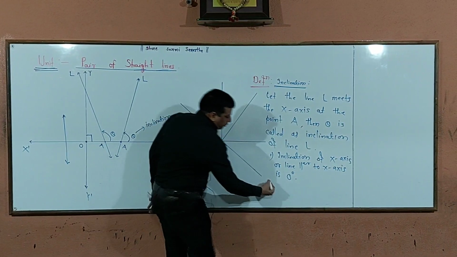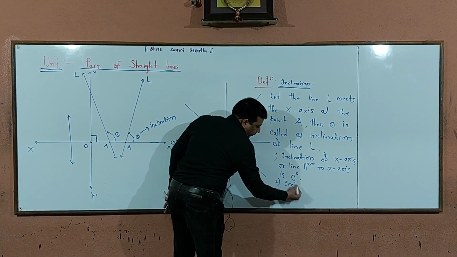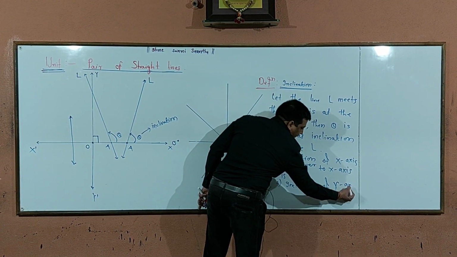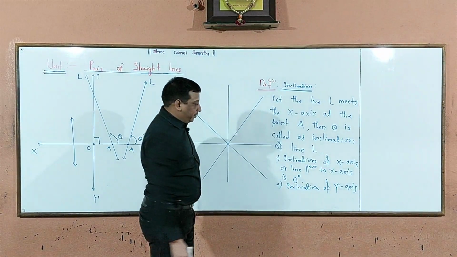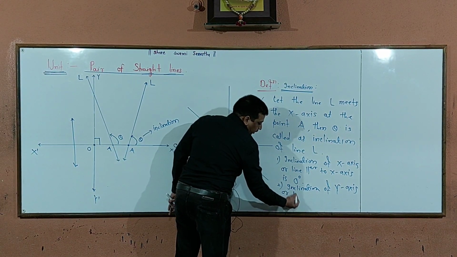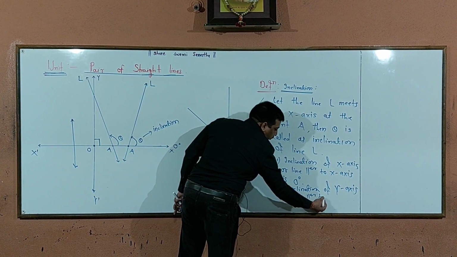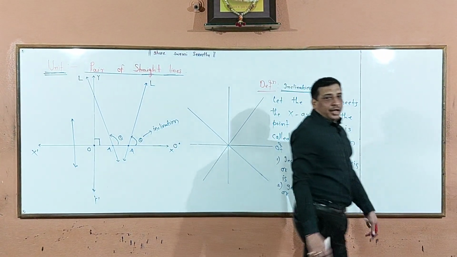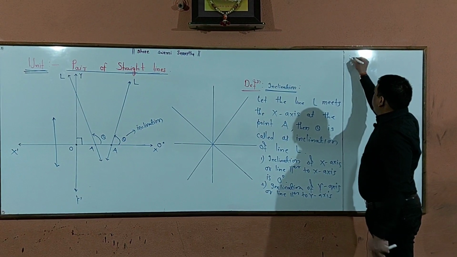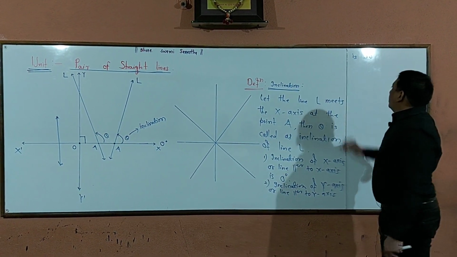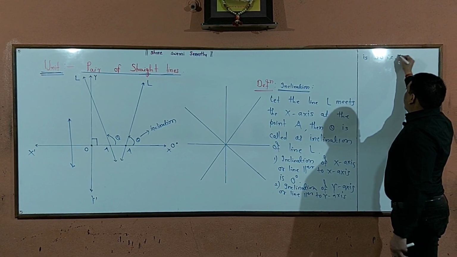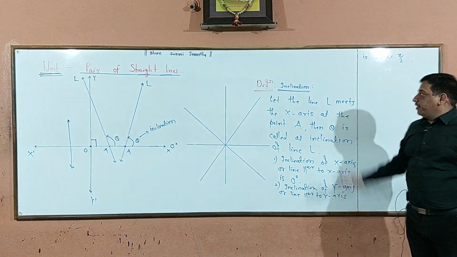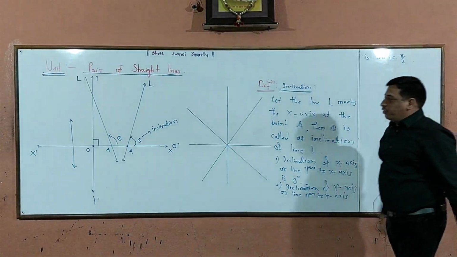So the second point: the inclination of the y-axis or a line parallel to the y-axis is 90 degree, that is pi by 2.